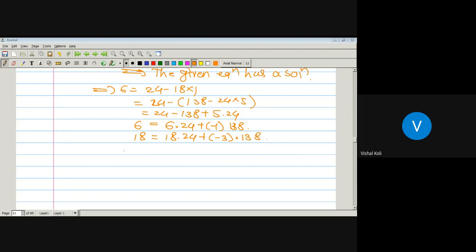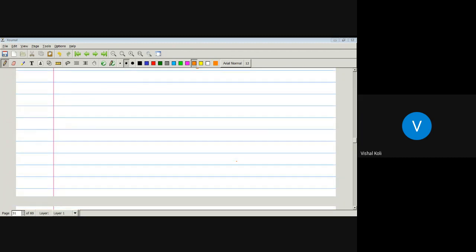So from that, what are the values of x0 and y0? 18 and minus 3 are the values of x0 and y0, which implies x0 is nothing but 18 and y0 is nothing but minus 3. So as we know that x dash is nothing but x0 plus b upon d into t, which implies x dash is 18 plus b, which is 138 divided by 6, into t. 138 divided by 6 is 23.